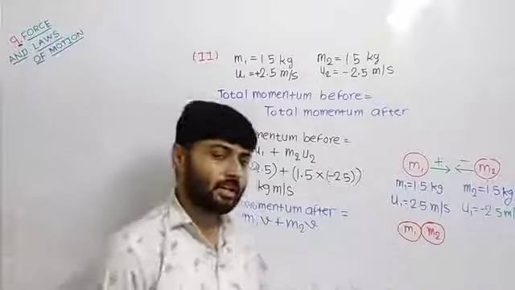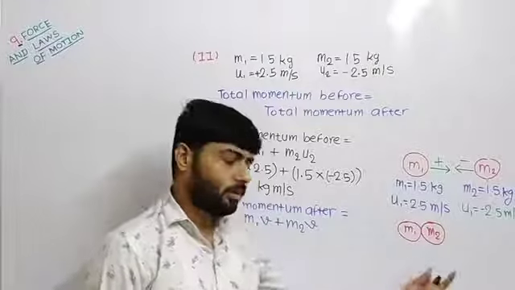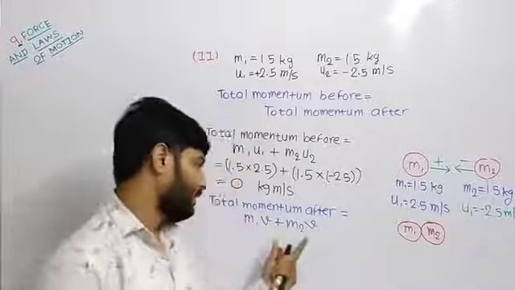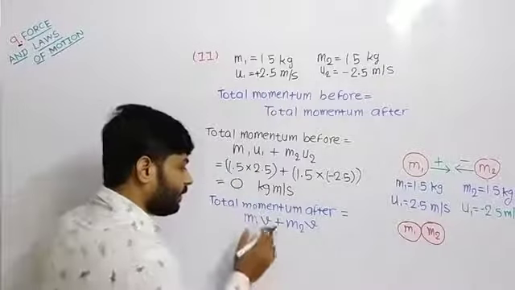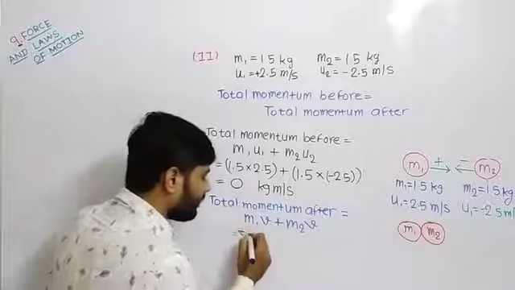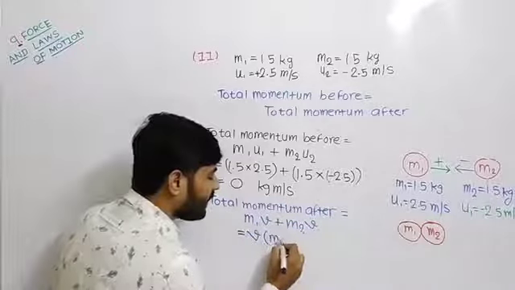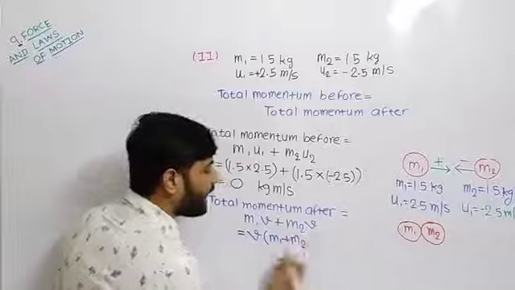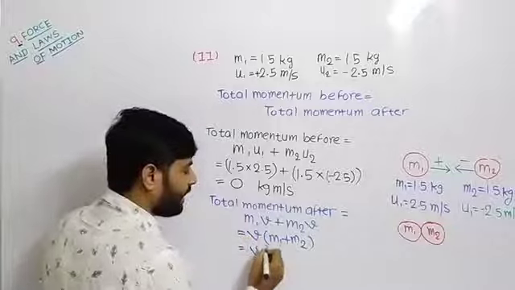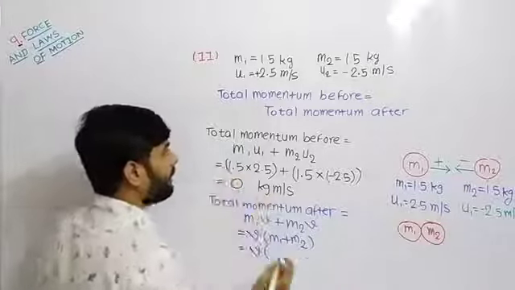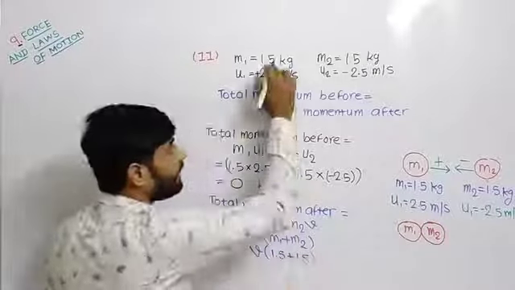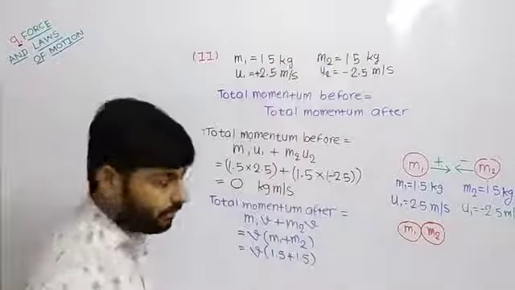Because after collision these both objects stick together and move. So I write v as the velocity of both objects. So we have v as common, times m1 plus m2, that is 1.5 plus 1.5.